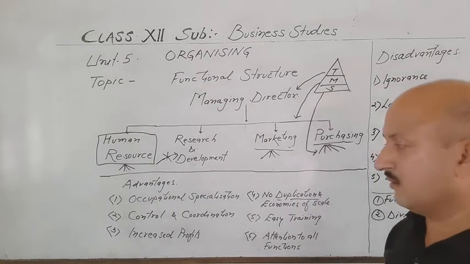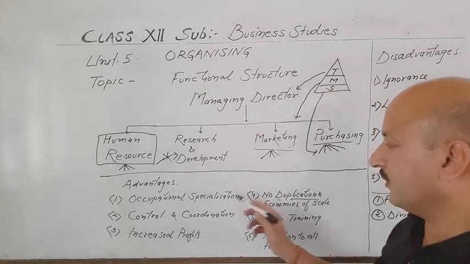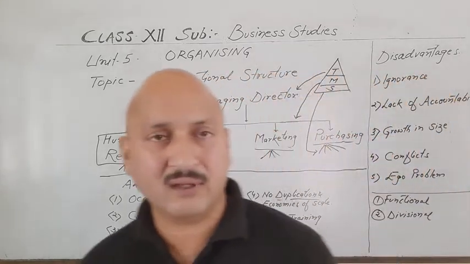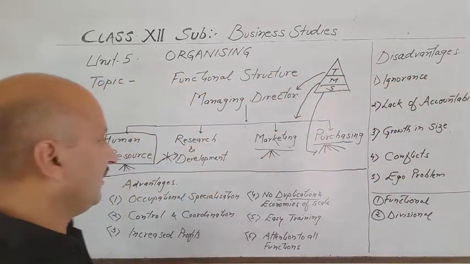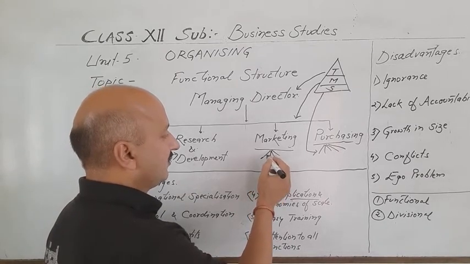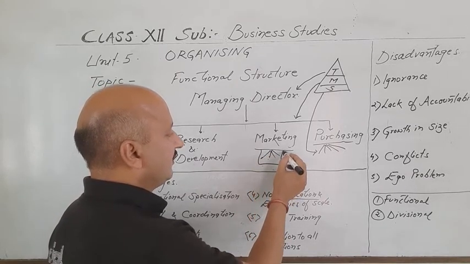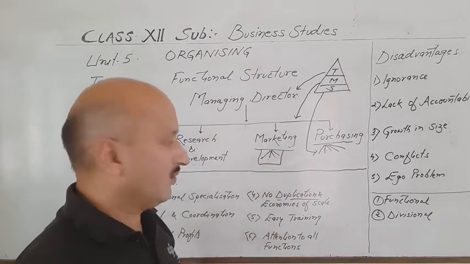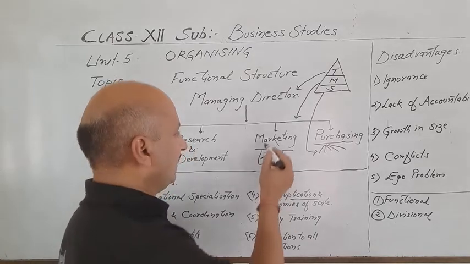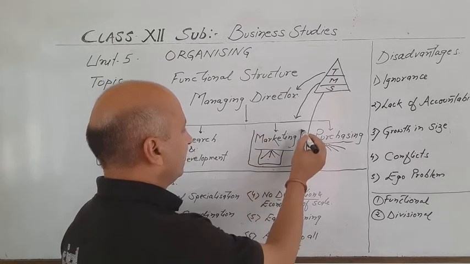Easy training here, again moving to the first point, that is occupational specialization, because every function has some supervisors and they can be easily trained because they will remain in this department for their whole job. Their entire tenure will be spent in only this department.